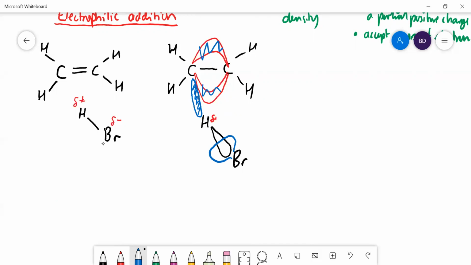We can't draw like that all the time, so we've got to draw it showing curly arrows. The pi bond is going to come away onto the hydrogen and form a bond with it. And simultaneously, the bond between the hydrogen and the bromine is going to break and shrink back and form a lone pair like that.